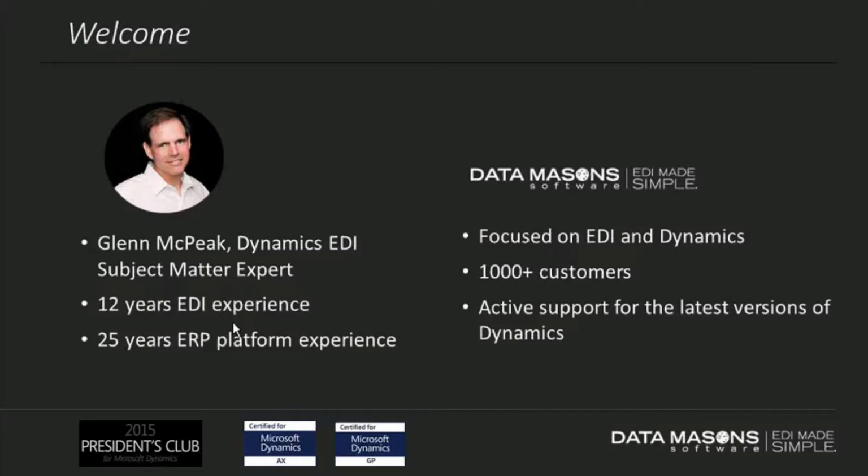Today, organizationally and from a technology standpoint, we support all versions of Dynamics, in the case of AX, going back to version 2.5, which was released in 2000. Dynamics GP, going back to version 8, which was released also in the early 2000s, and Dynamics NAV 5.0, which was released again in the early 2000s.